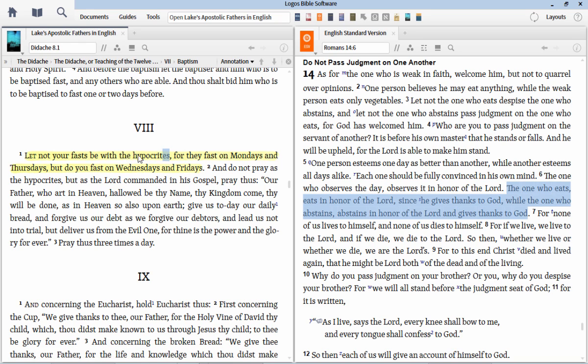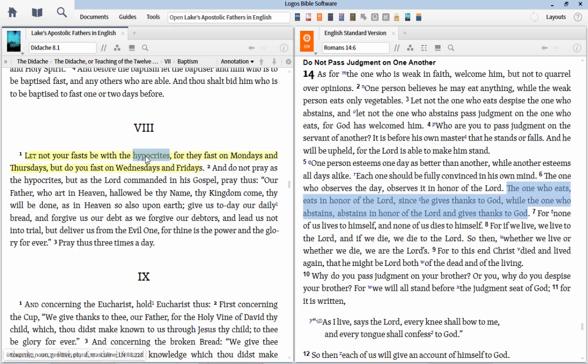This is some anti-Semitic, anti-Jewish statement here. The hypocrites are probably the Jews. A lot of them fast on Mondays and Thursdays. On the 2nd and 5th day of the week is what it says in the Greek here. But you, as a Christian, you should fast on Wednesdays and Fridays.